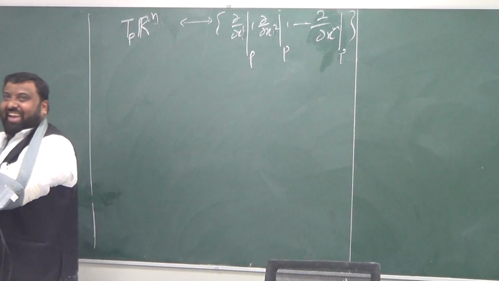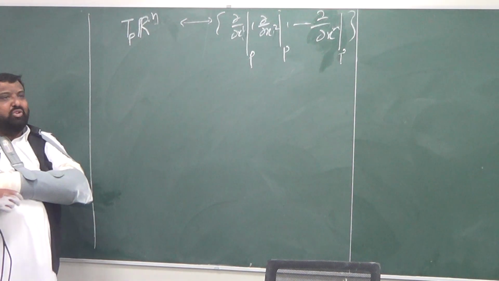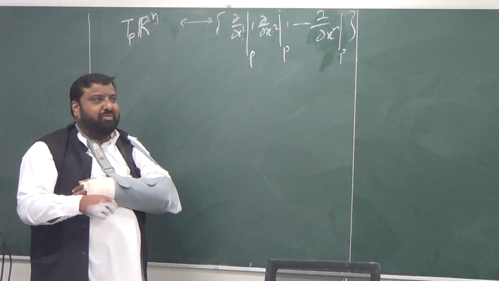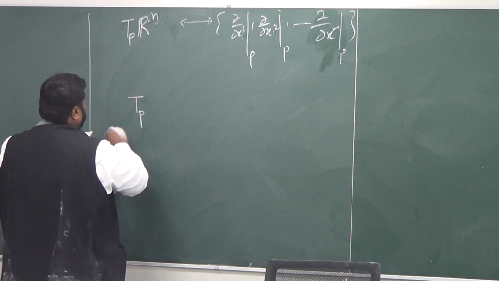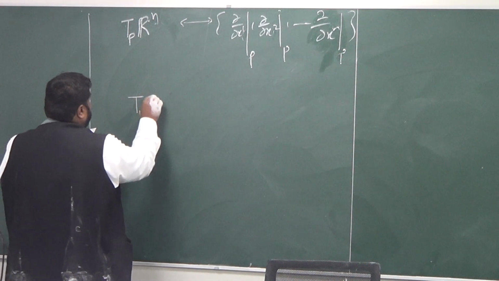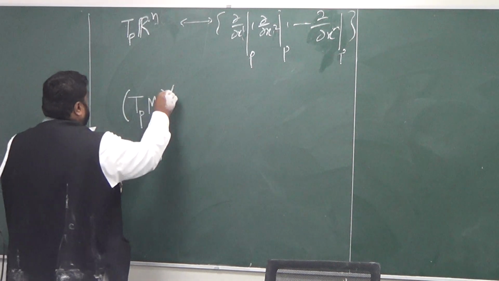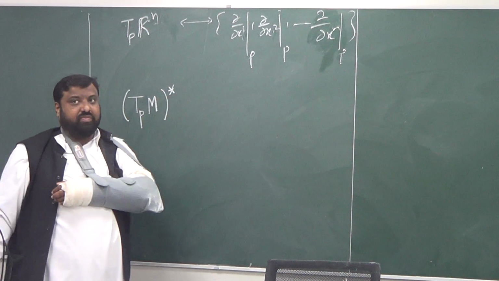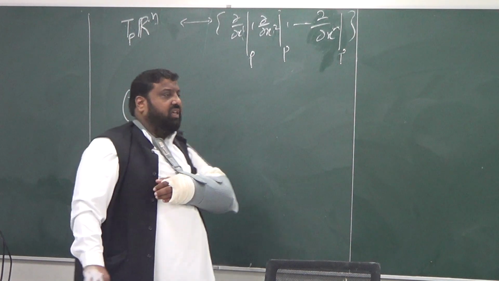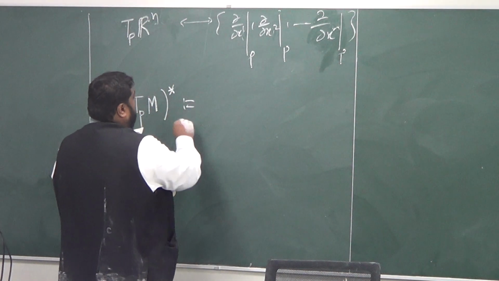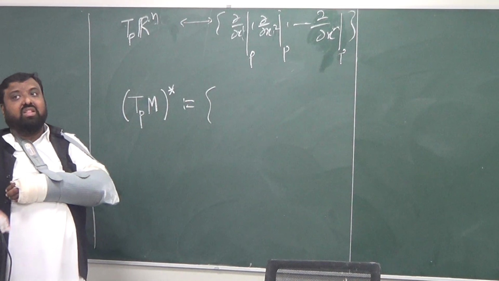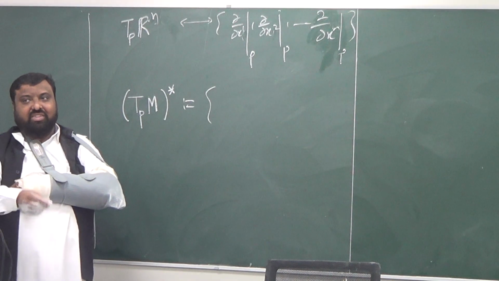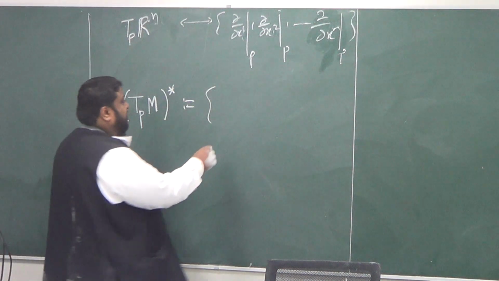Okay? So what would be the dual to such a map? What would be T_pM and its dual? This is going to be the collection of the covectors, the collection of the linear maps.